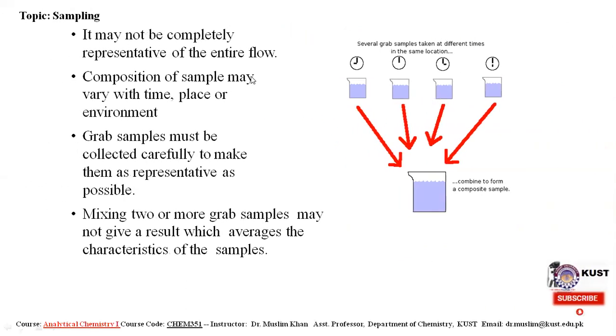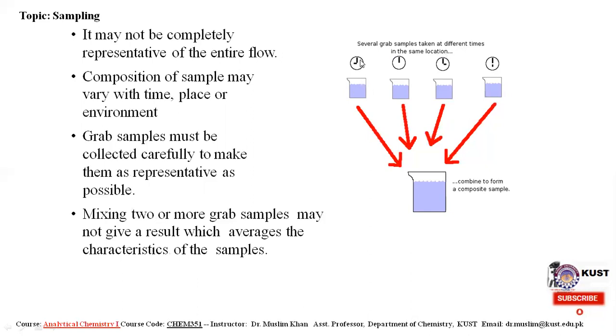So this grab sample may not be completely representative of the entire flow, but the best thing is for the grab sample to represent your bulk. So take several grab samples at different times in the same location.